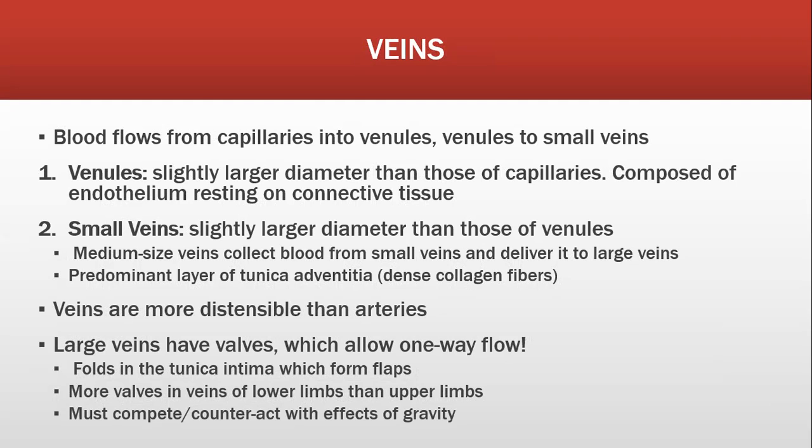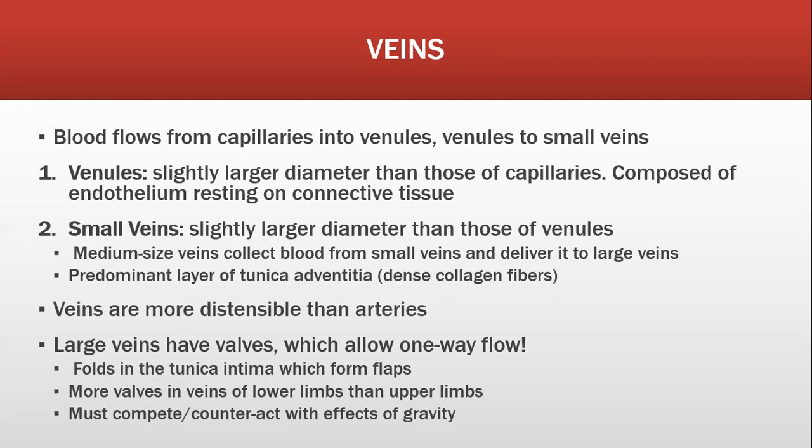And the most predominant layer is the tunica adventitia, or the outermost layer, because it is composed of dense collagen fibers. So the veins are more distensible than the arteries. Large veins have valves which allow one-way flow.